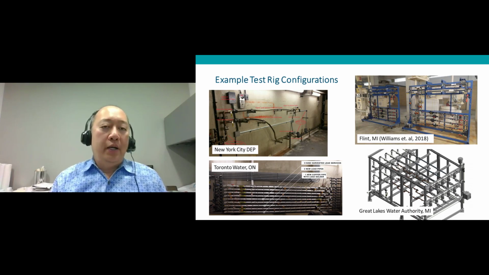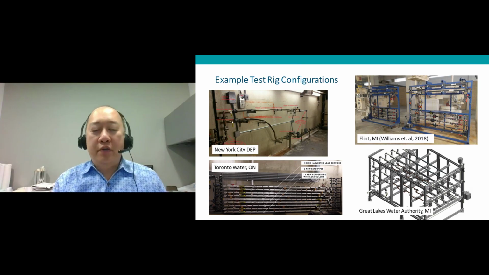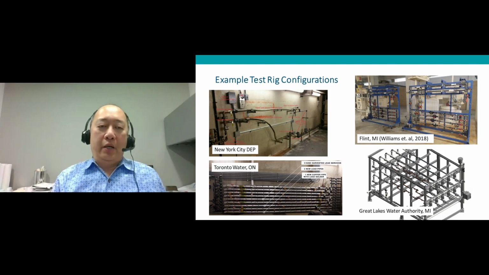So, example test pipe configurations. A lot of utilities provide photos of what they installed, and wow, they're all different. Starting from the upper left, for their specific needs, New York City's DEP, in a pipe corridor, a utilidor, literally took harvested lead pipes and strapped them to the wall.